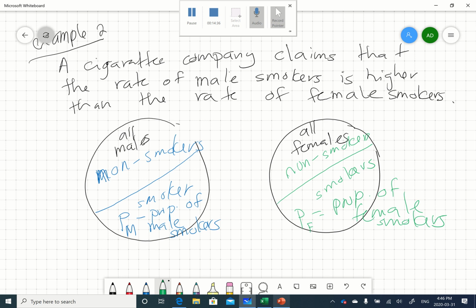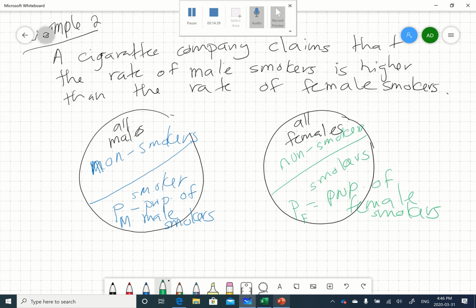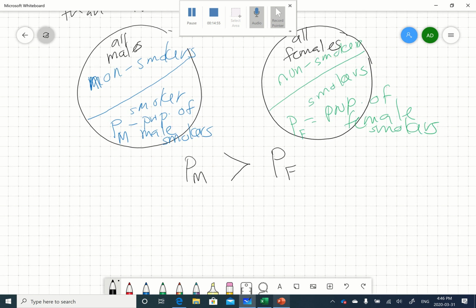Okay, so the cigarette company claims that the proportion of male smokers is more than the proportion of female smokers. That's what they say. And if we know how many males live on this planet, how many females live on this planet, and how many of them are smokers, then we can directly check this. But unfortunately we can't, right? It's too much to do.